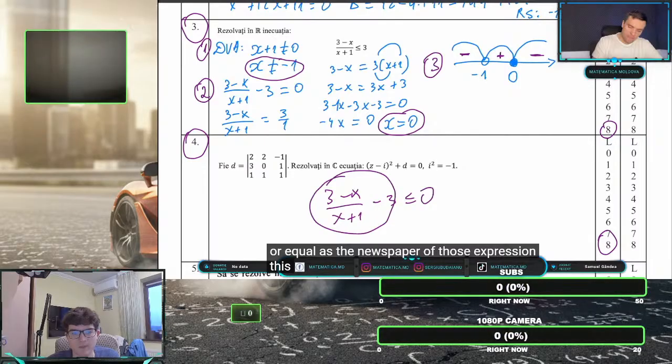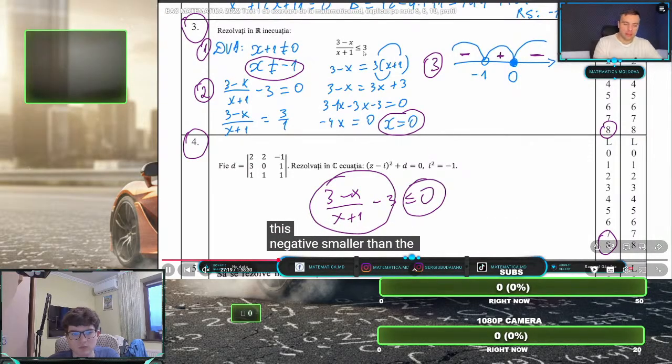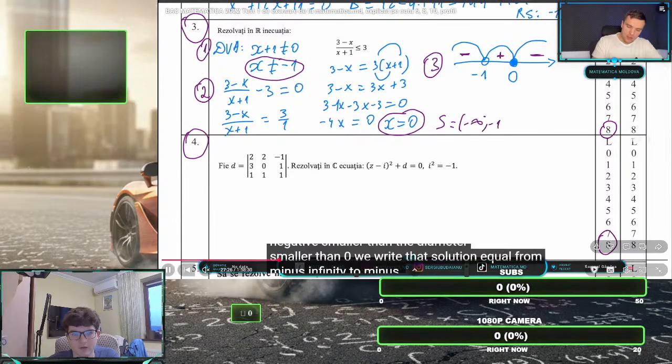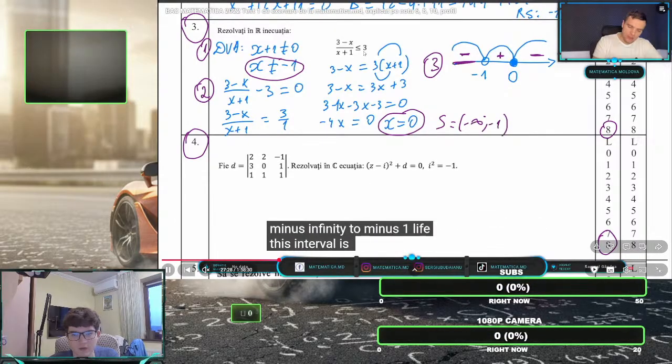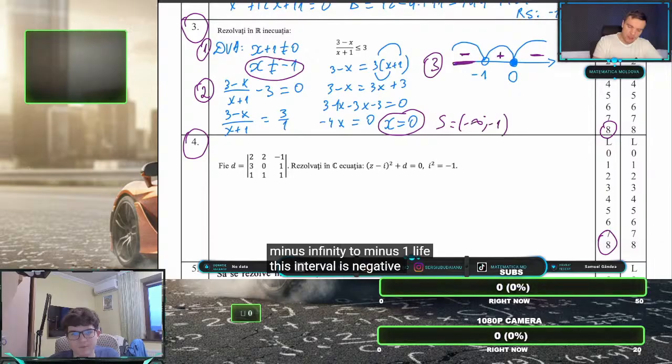I think we did something like that. We just equalize it with 0. So we need it to be smaller or equal to 3.